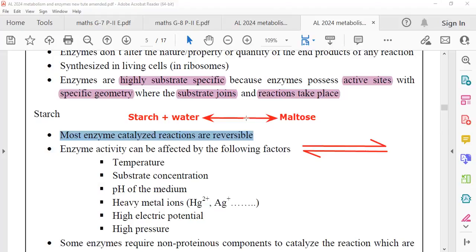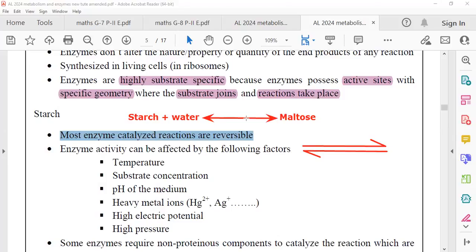If you take the last three, what are the last three? Heavy metal ions, high electric potential, high pressure. Those kinds of factors, okay, they are involved in denaturing of proteins.